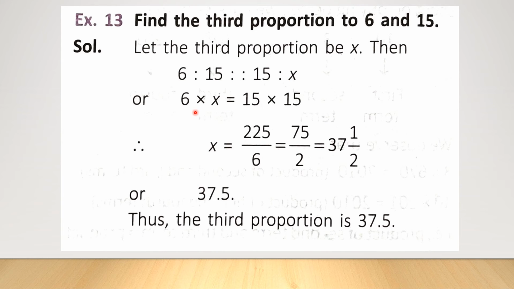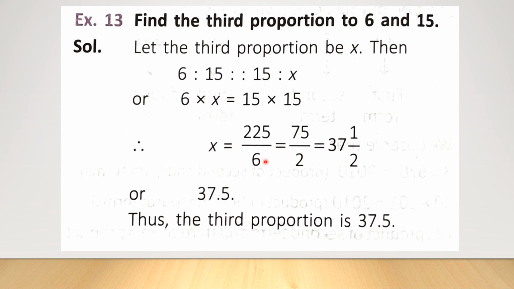The product of extremes, 6 into x, is equal to the product of means, 15 into 15. So x is equal to 15 into 15, which is 225, by 6.